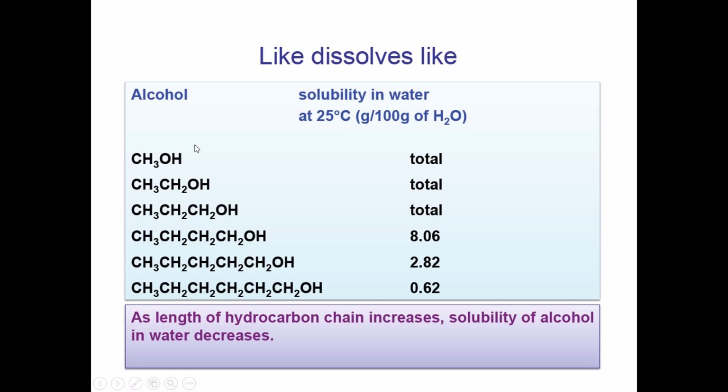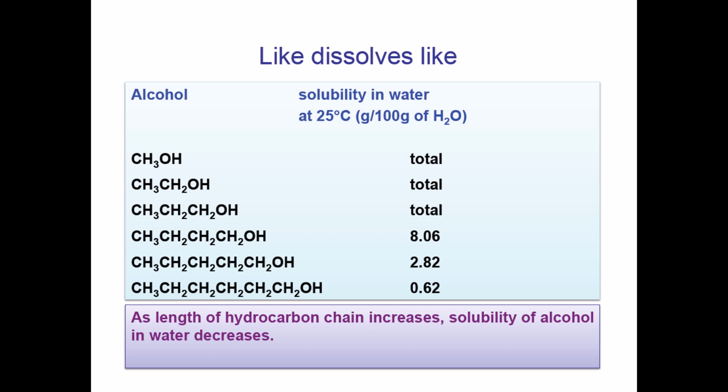So in the first one here, methanol, we have an OH group and a very small hydrocarbon part with one carbon. And then we see as the hydrocarbon part gets longer and longer, that hydrogen bonding capability becomes less and less dominant for how it's going to interact with neighbors.